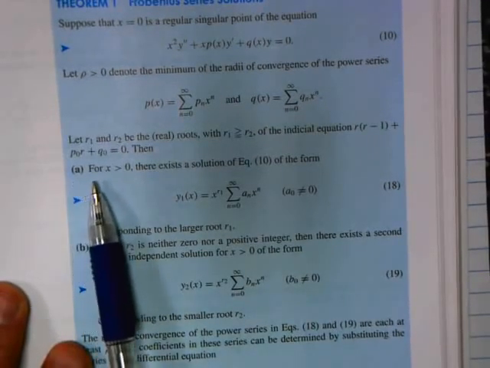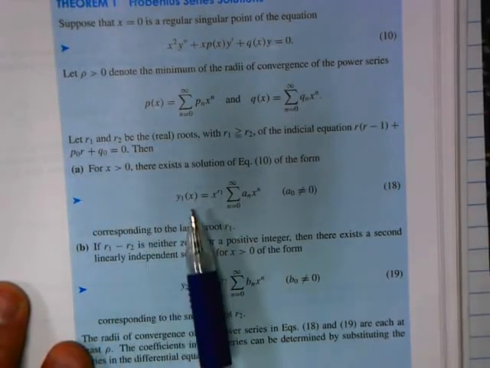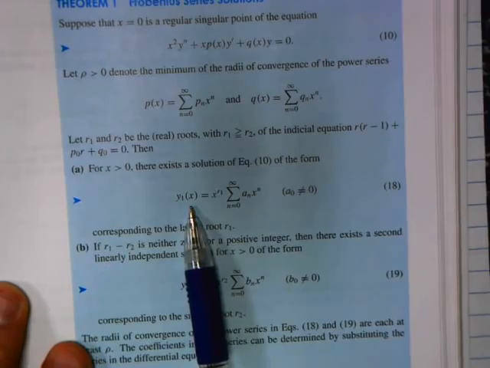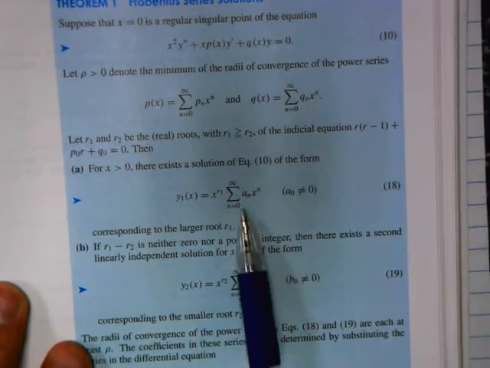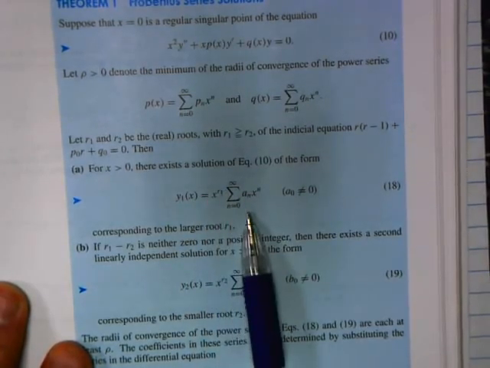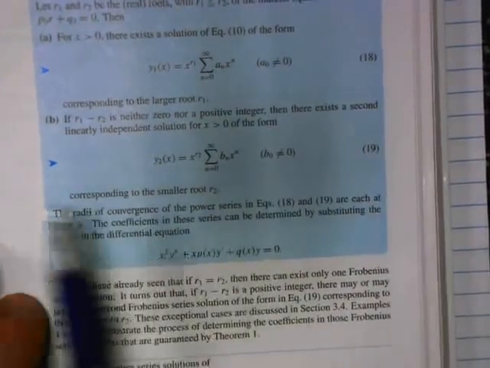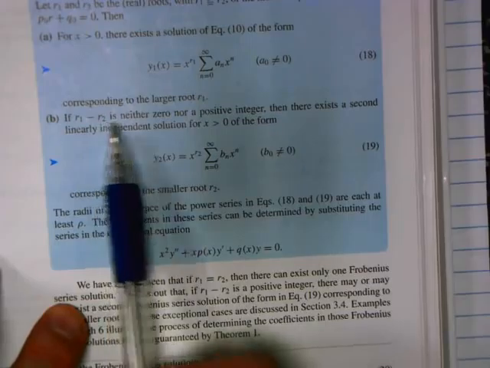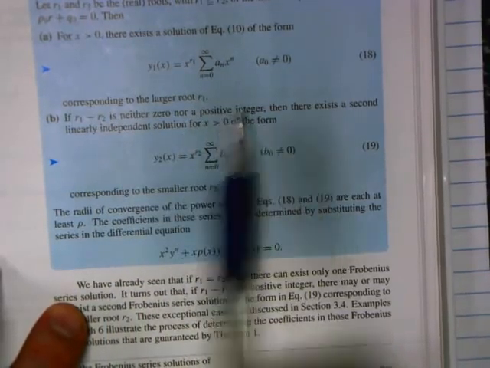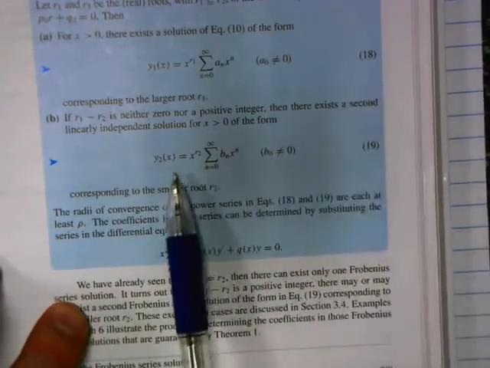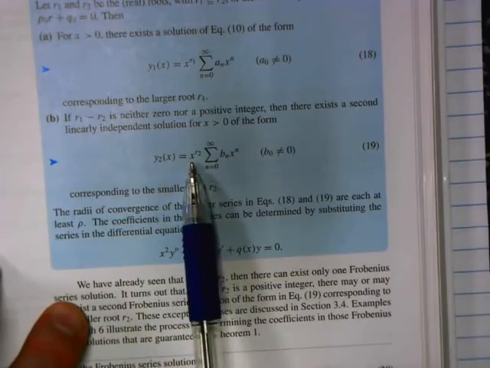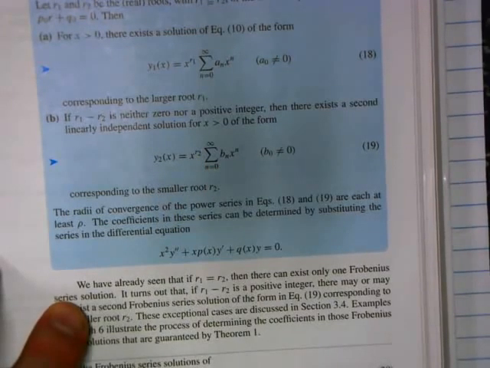Then, for x greater than 0, there is one solution of the form x to the R1 times a power series, and if R1 minus R2 is not 0 nor a positive integer, then there's a second solution of the form x to the R2 times a power series.